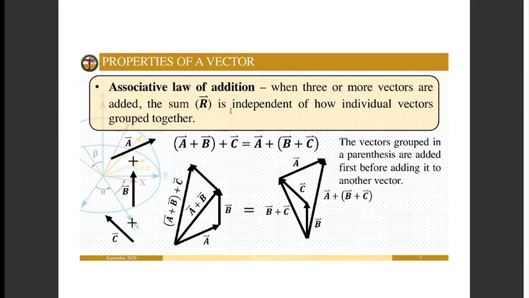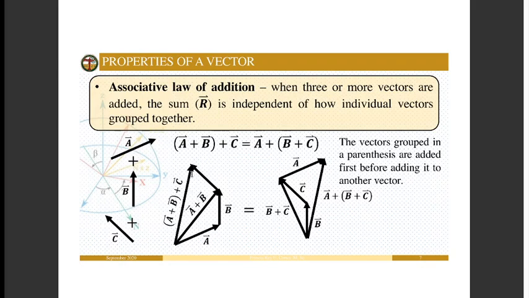Okay? So, I will add A and B first. So, this one first, A plus B. I have here A, then B. So I add A plus B. This is the resultant, starting from the starting point, then you draw towards the endpoint of B. So, this is A plus B. Now, this A plus B, after that, we add it to C. So, this is C. Then A plus B plus C is actually from the starting point to the endpoint.